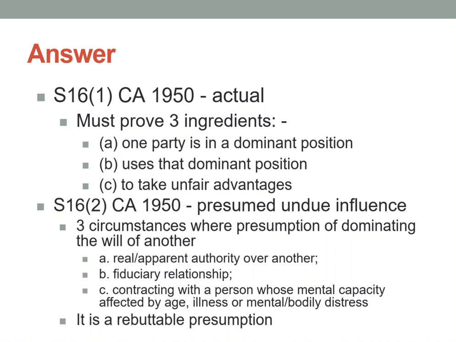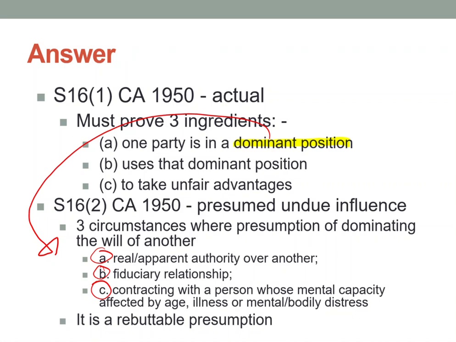And this dominant position is presumed in the following 3 situations: situations of authority, fiduciary relationship, and situations where the person's mental capacity is affected by age, illness, or mental or bodily distress.